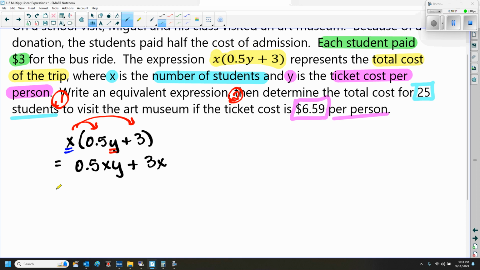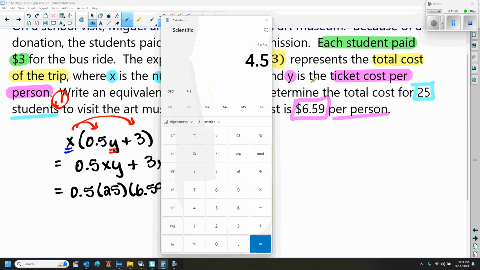Okay? All right. So here we've got 0.5 times 25 times y, which is $6.59, plus 3 times the x, which is 25 again, right? Is everybody clear? So now we just use our calculator.